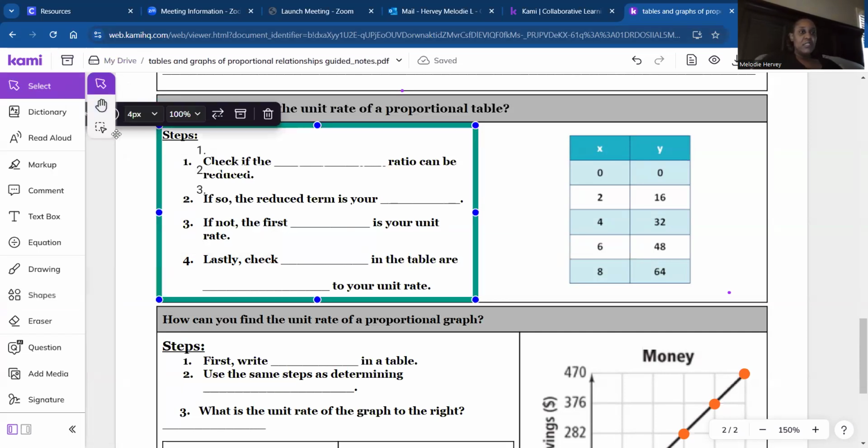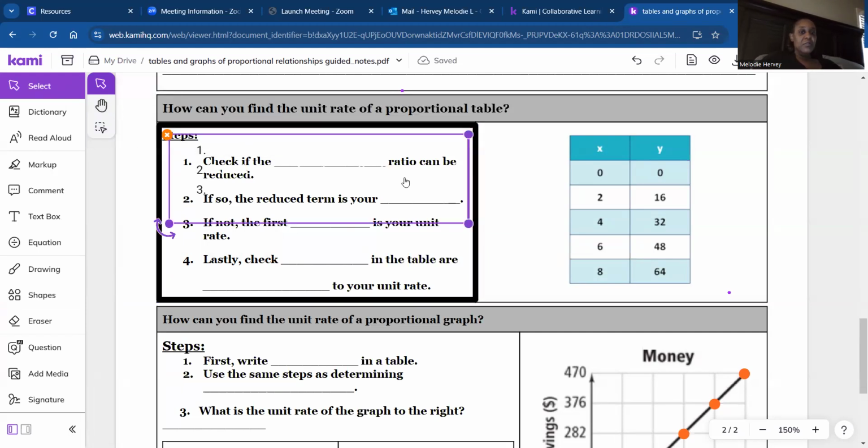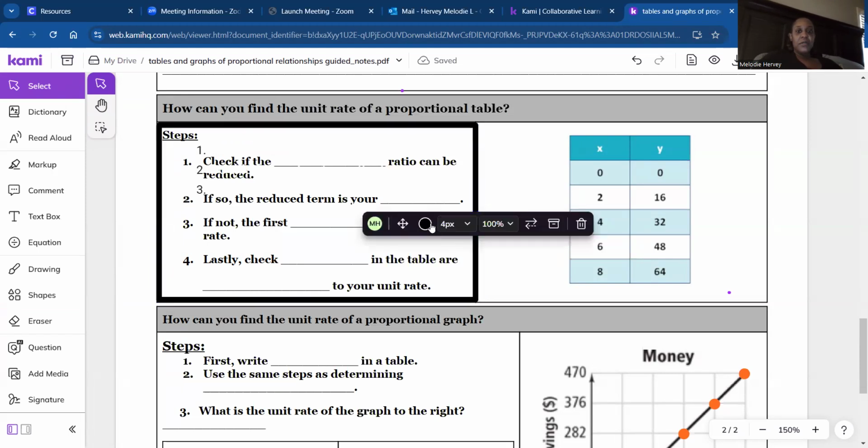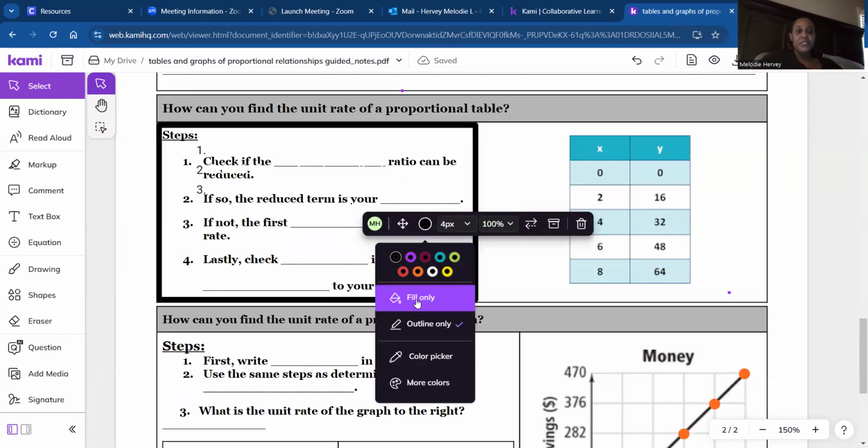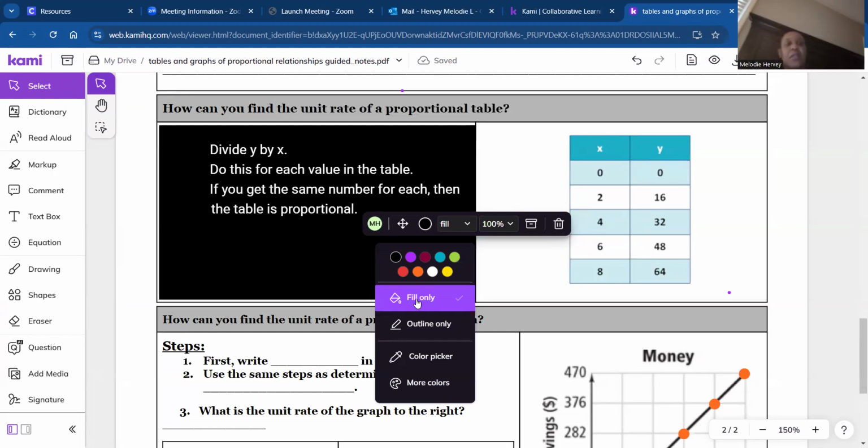Give me a minute. I'm sorry. I almost forgot what I'm supposed to be doing. There you go. I'm trying to fill this in. There we go. Okay. Look at that.